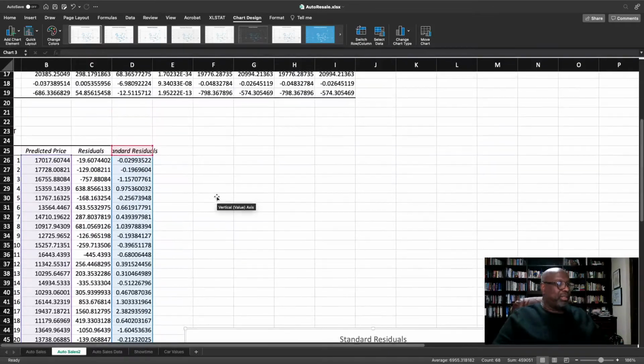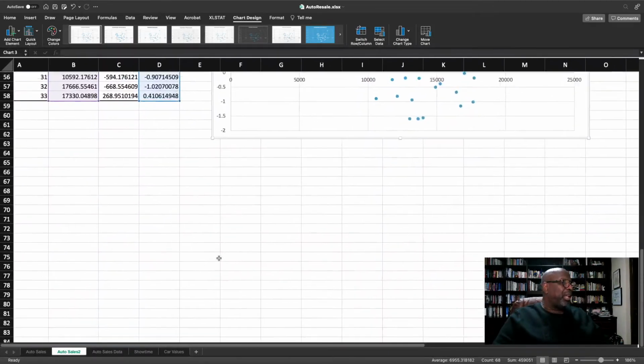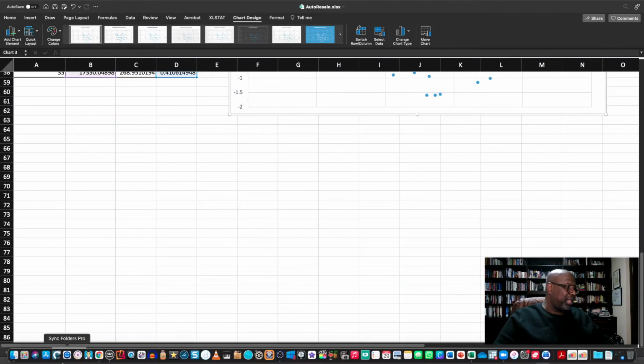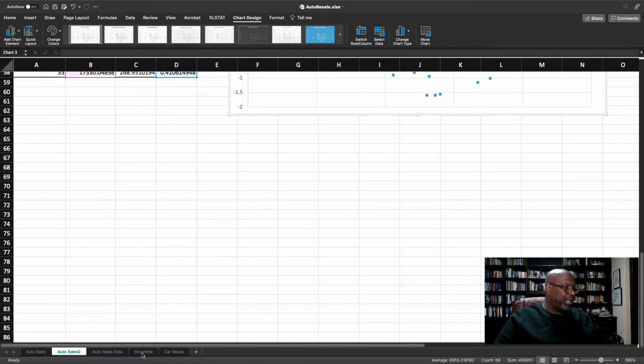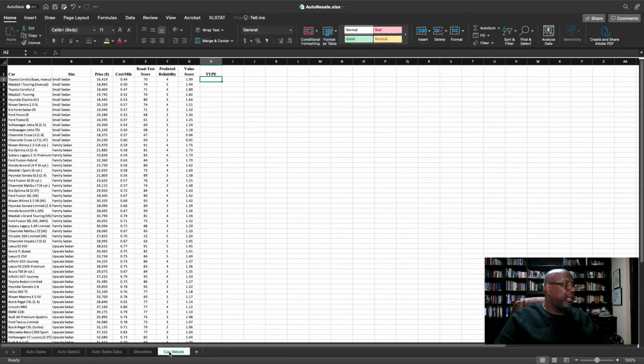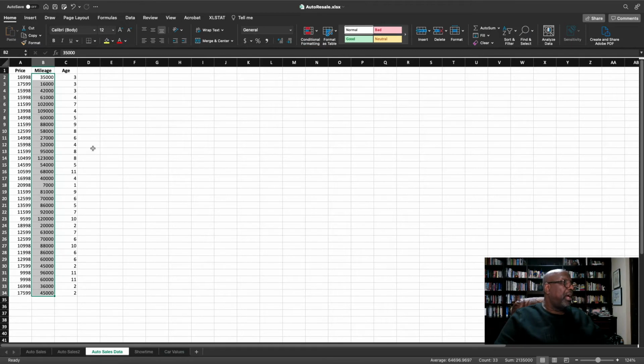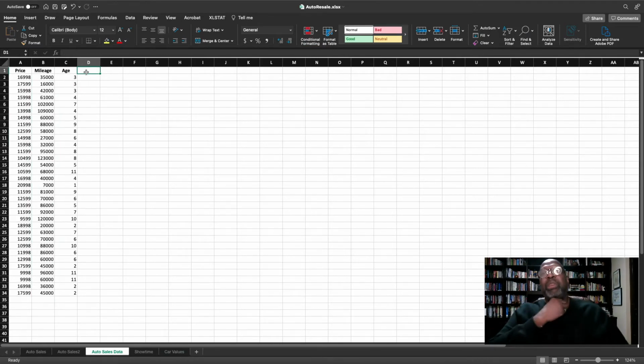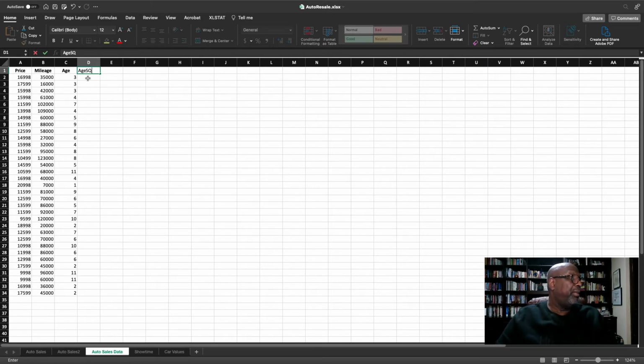So if you wanted to say, would a curvilinear model make sense for this data, you could actually go back to the data file and say, maybe it's somehow related to the square of the age. Well, you could create age SQ, right?